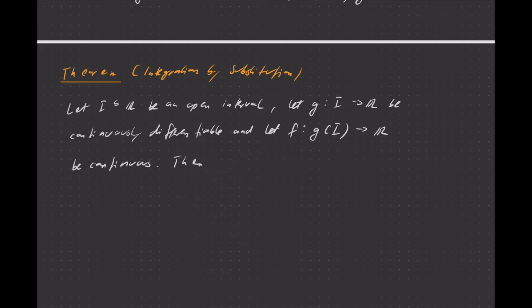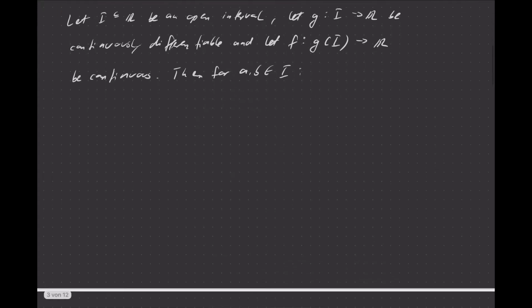Then I'll give you the version with limits first. For a, b in I, we have the following relation. The integral of f of g of x times g prime of x dx from a to b is the same as the integral over f of y dy.